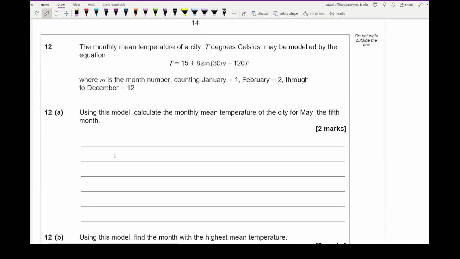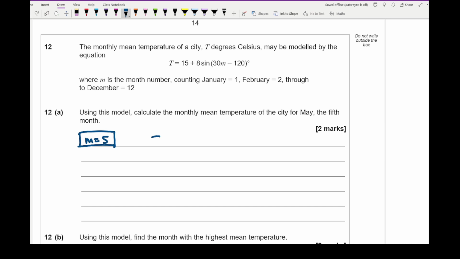Moving on to our last question for section 8, it says the monthly mean temperature of a city in T degrees Celsius may be modelled by the equation T equals 15 plus 8 sine of (30m minus 120) degrees, where m is the month number, counting January as 1, February as 2, etc. For 12a, it says using the model, calculate the monthly temperature of the city for May, the 5th month. So this is where we substitute m equals 5 into the equation.